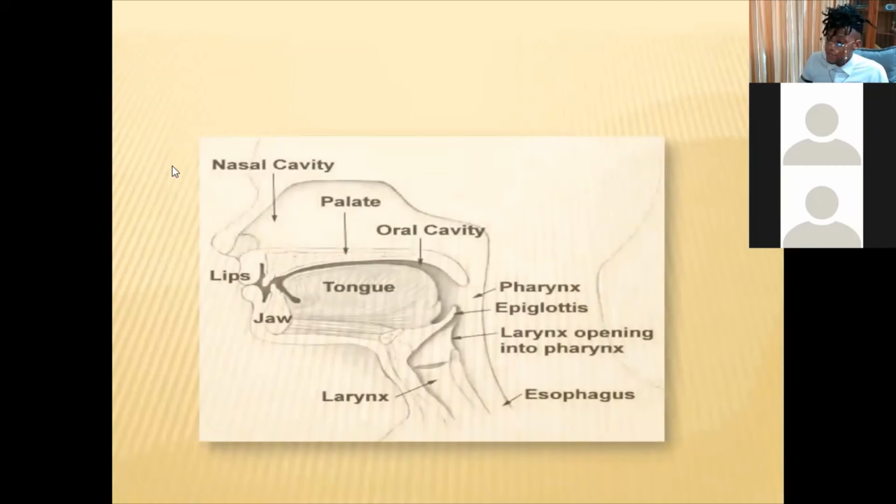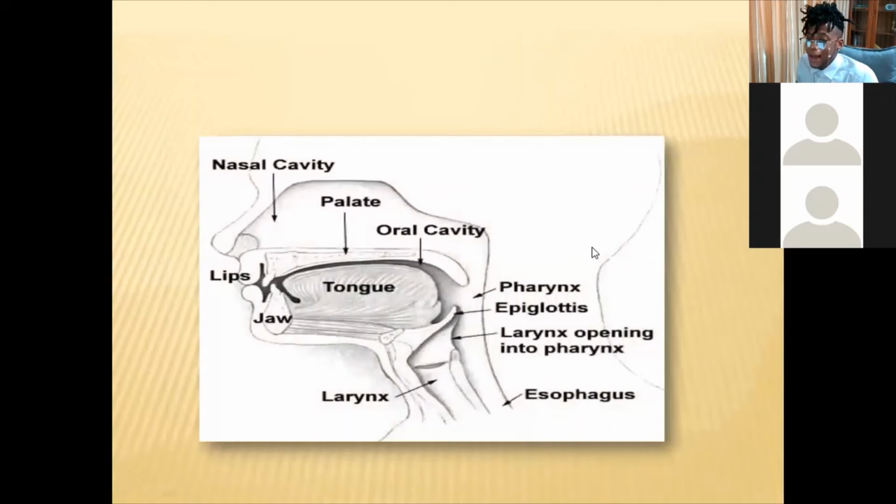Okay, so this is an animated anatomy of the human oral tract, right? So these are all the different parts, the articulators that are responsible for speech production, or for the production of segments, or for the production of phonemes or allophones, right?